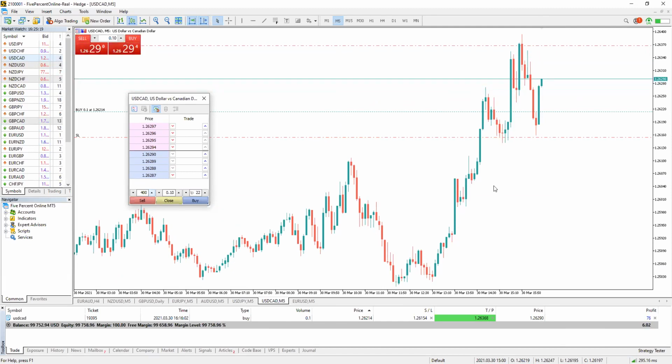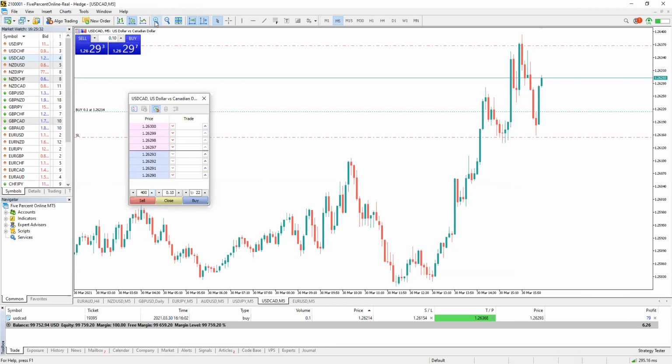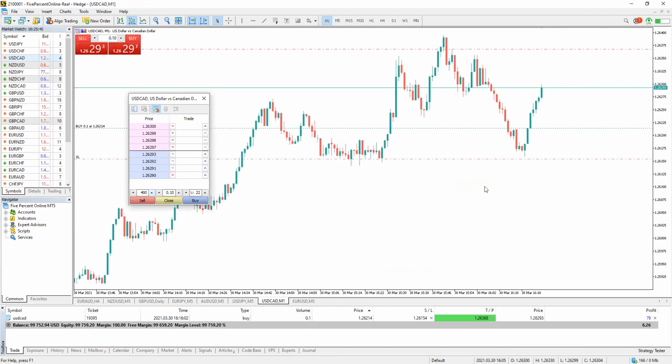Could you zoom out? What do you mean zoom out? Like this? What do you mean you can see the current price? You can't see the price bars?